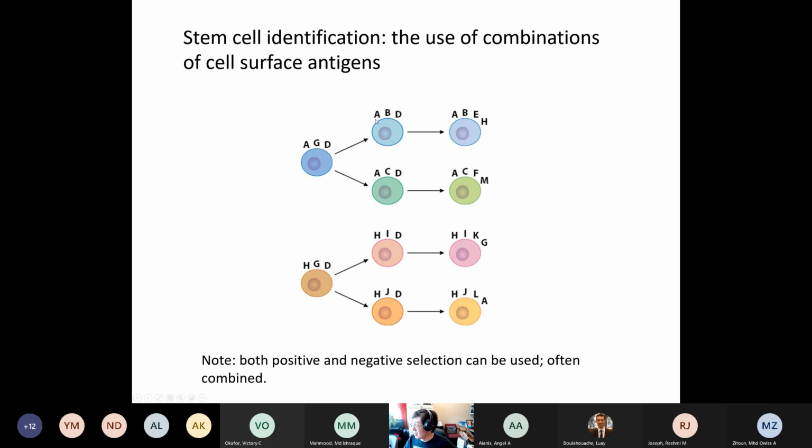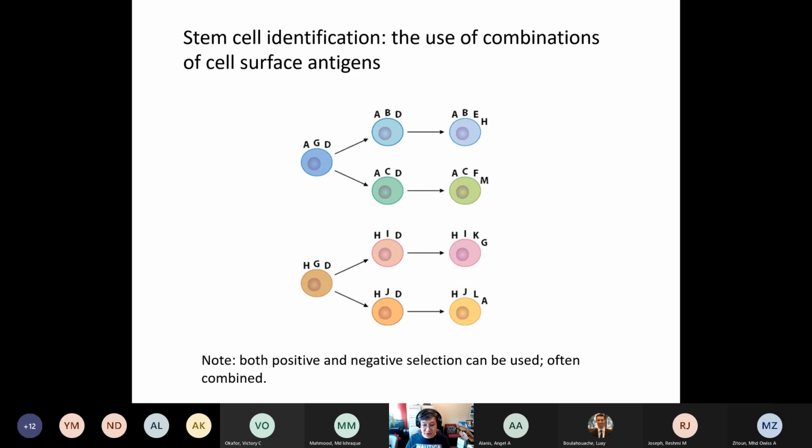Because AB is unique for these 2 cells only, not for anything else. So you can use combinations of cell surface markers as well. If you don't find one protein that's unique, then you can use a combination that's unique for a cell type. And sometimes you can even use a negative selection.